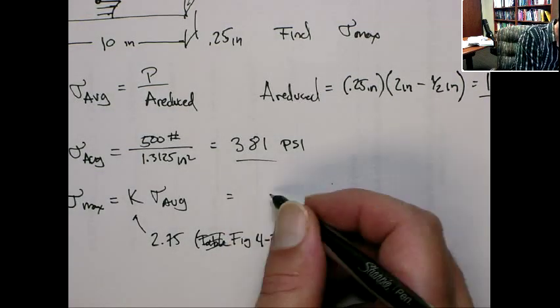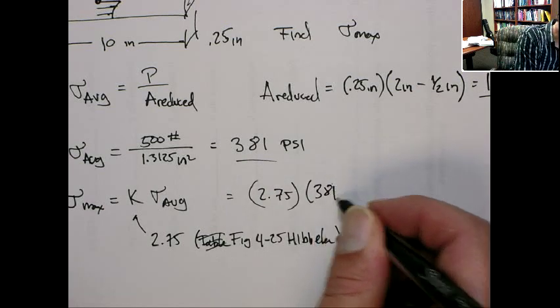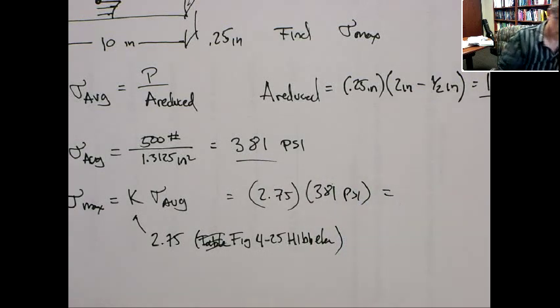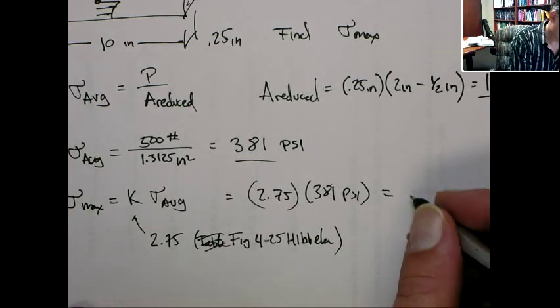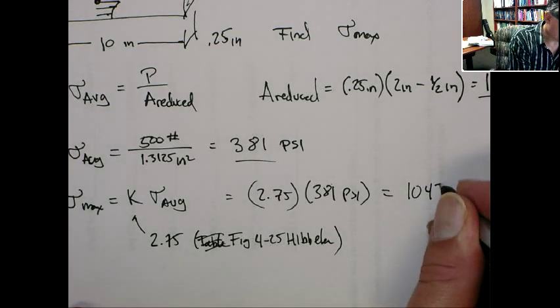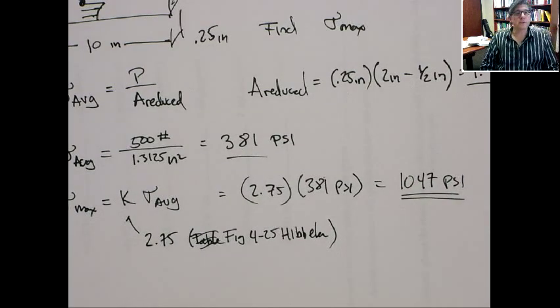So that means this is going to be 2.75 times the 381 psi, which gives us 1,047 psi. So the stress goes up appreciably as a result of that, okay? So that actually is the peak stress, all right?